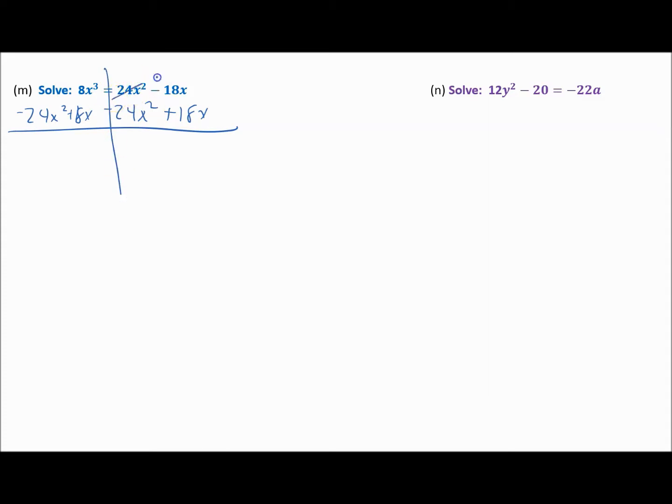The reason I did that is so those would cancel and those would cancel, and I get 0 on the right. And then on the left I have 8x to the third minus 24x squared plus 8x. Now, here's another thing. This step that I'm writing to get it equal to 0, you don't have to write all that. If you want terms on the other side, notice you change the sign.